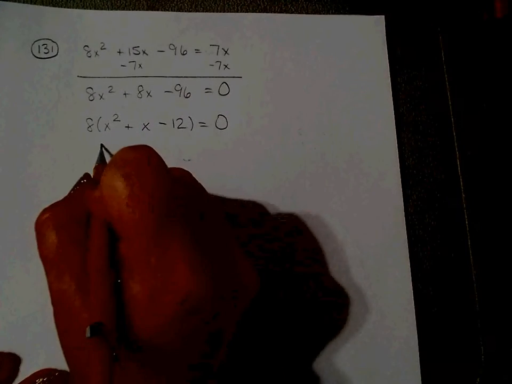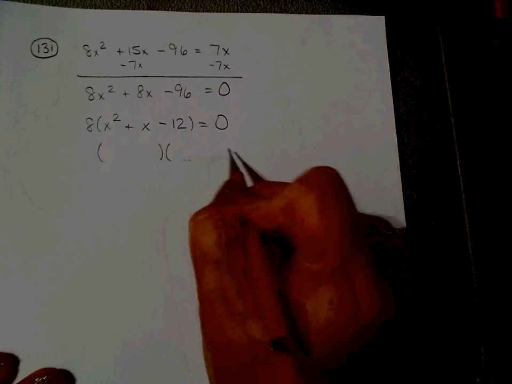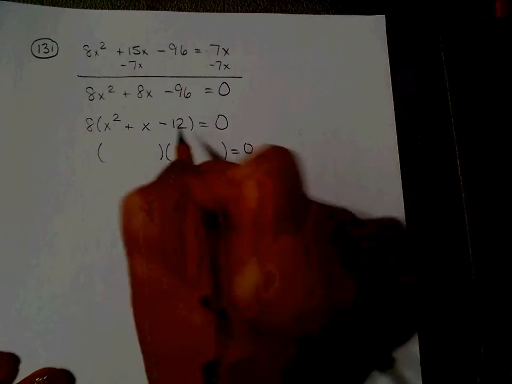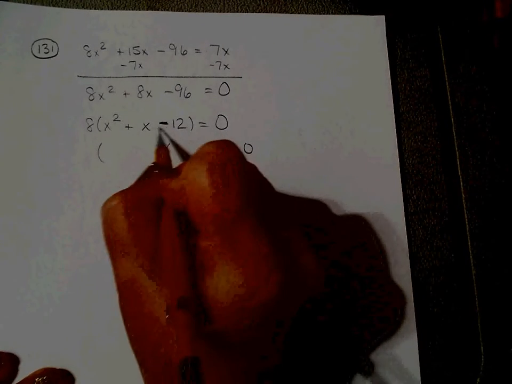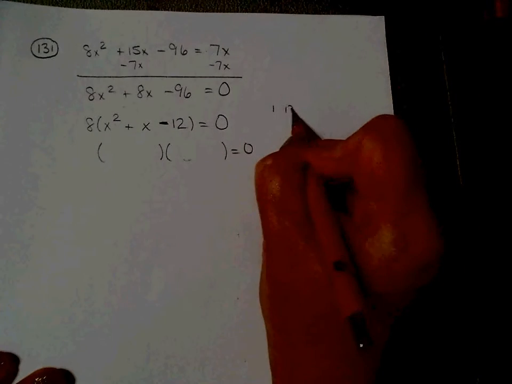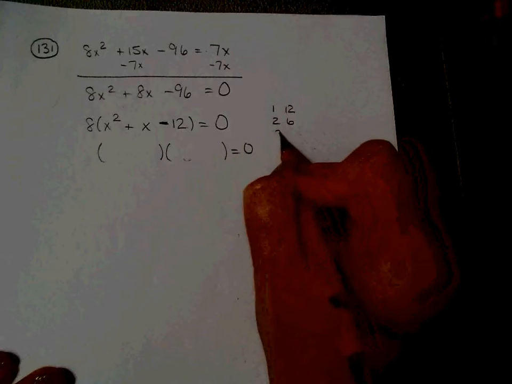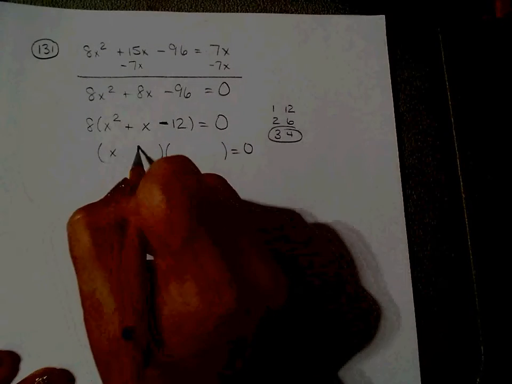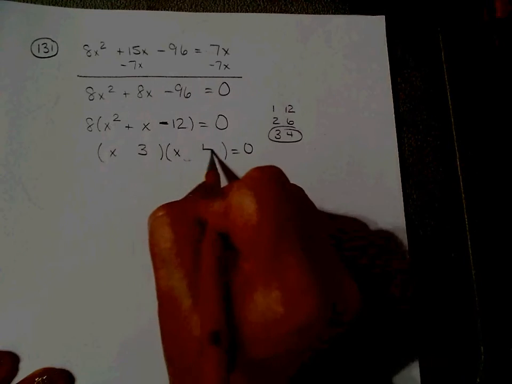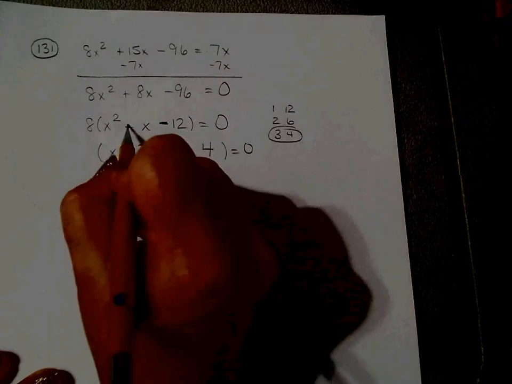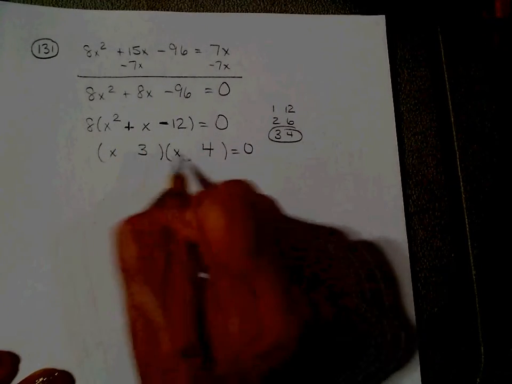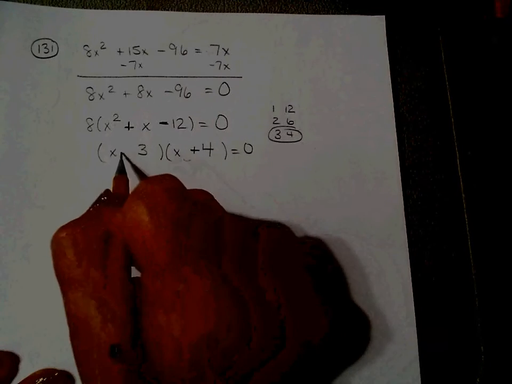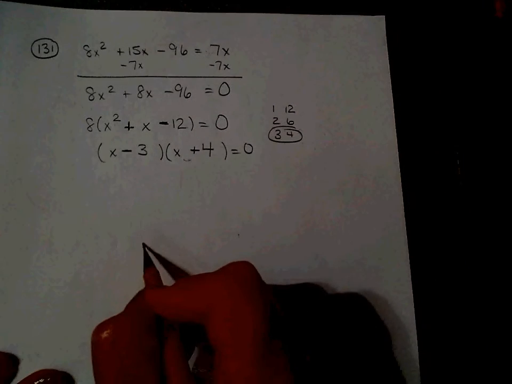So this is a trinomial. I need two numbers that multiply to give me 12, that subtract to give me 1. So 1 and 12 won't do it, 2 and 6 won't do it, 3 and 4 will do it. I want a positive 1, so that's going to be a positive 4 and a negative 3 to get a positive 1x.